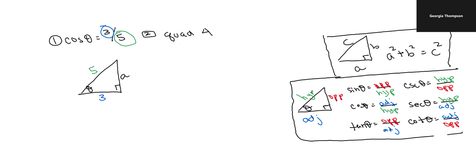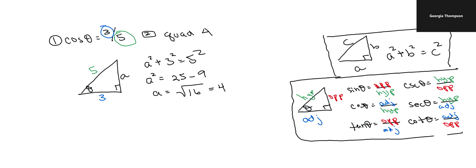So I know that a squared plus 3 squared equals 5 squared. Okay, so then I can solve for a squared. So that's 25 minus 9 if I bring this over. So a is square root of 16, which is going to be 4. So this side here is going to be 4, which is also my opposite side. Here's the angle. If you go across, it's opposite.